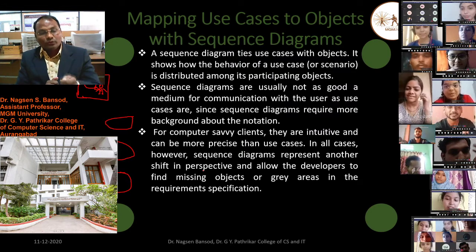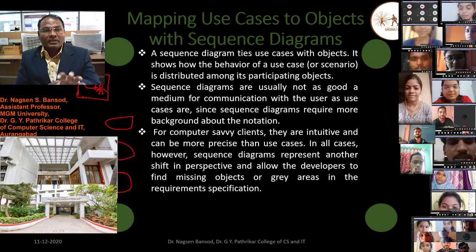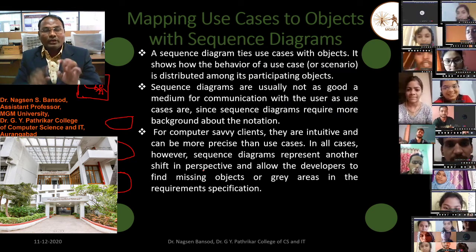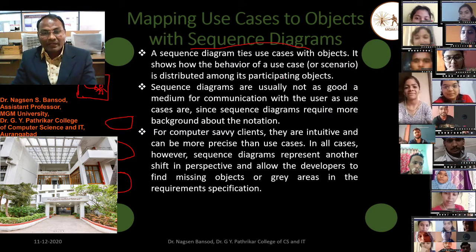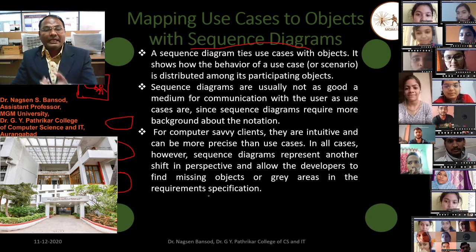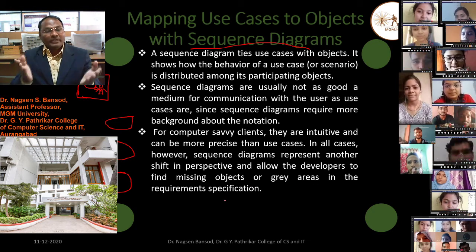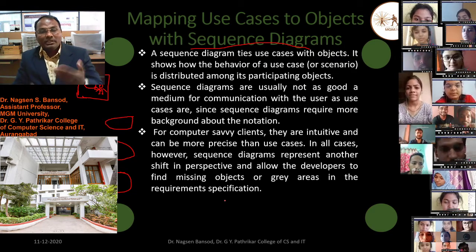So we should not miss any component of the software. Therefore, we have to design the sequence diagram so we can understand the missing objects or the gray area in the requirement specification, the requirements of the users.